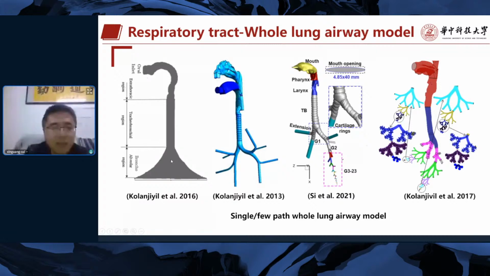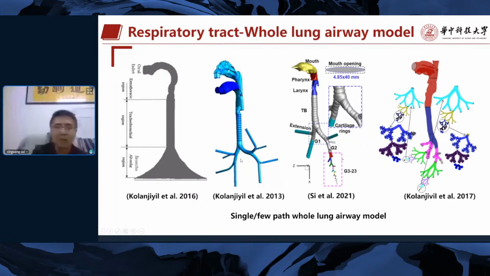They simplified the lung, the tricky bronchial airways, and also the alveolar regions to one-dimensional tubes. And in the second one, they combine the realistic geometry model and the idealized airway together to get a model from the mouth to the bronchial airways.